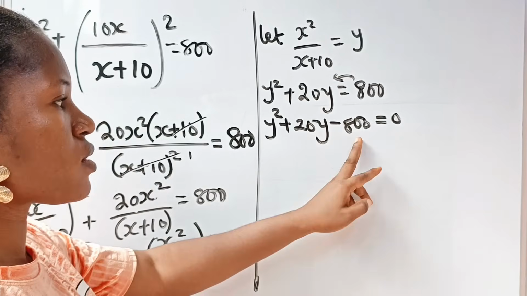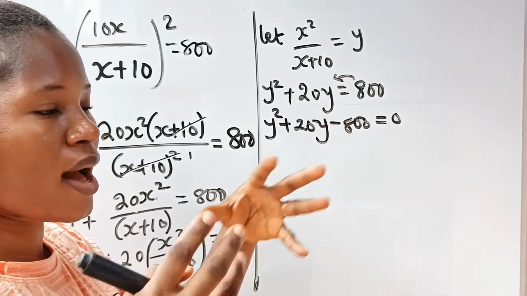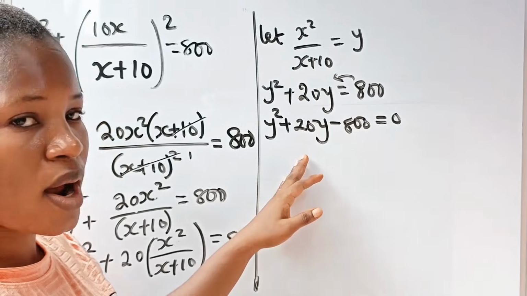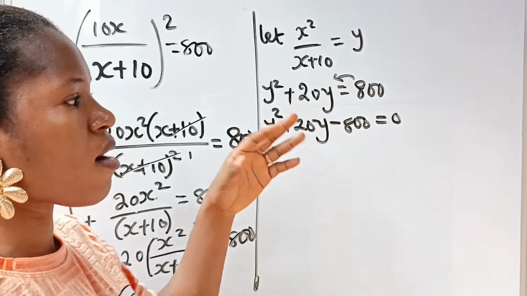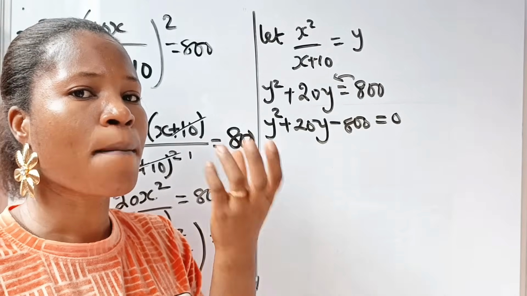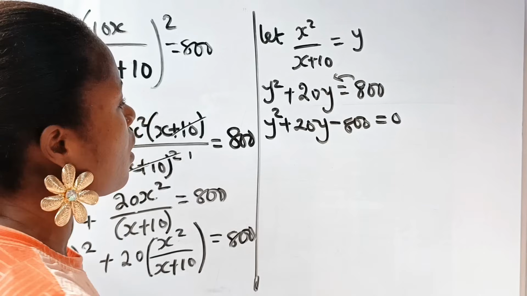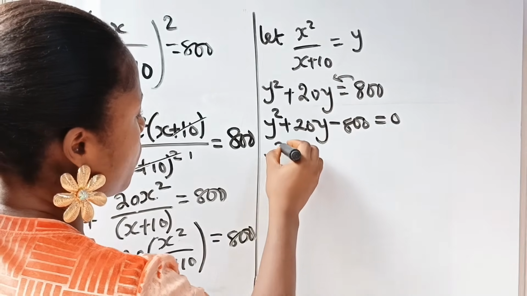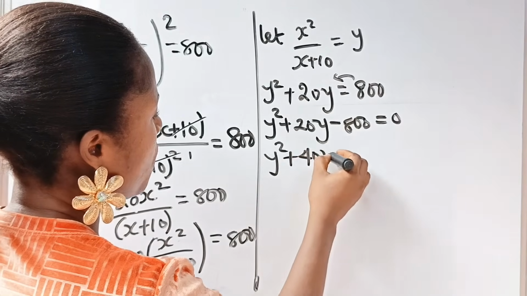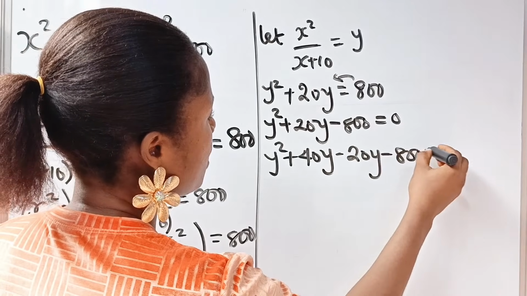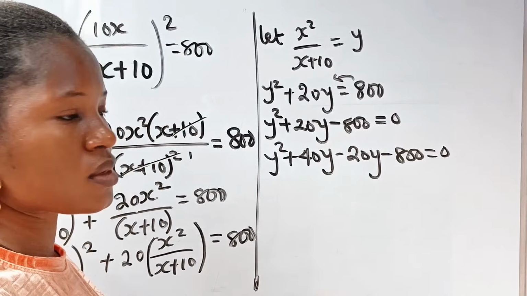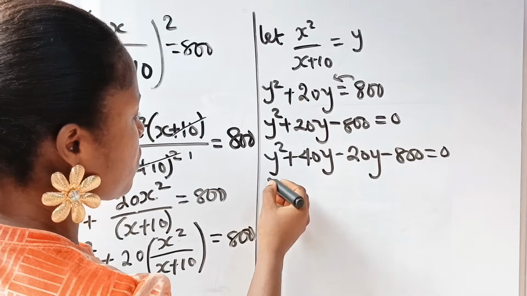Now we need two factors of 800 that when we add them together or subtract, we get 20. And those two factors are 40 and minus 20. So we have y squared plus 40y minus 20y minus 800 is equal to 0. So let's factorize these two.